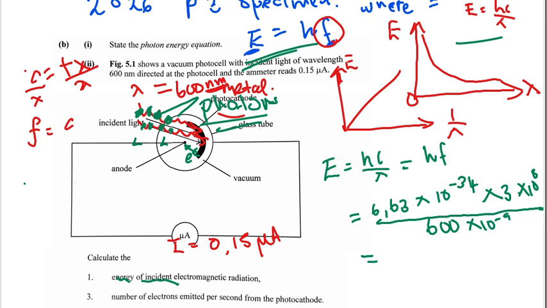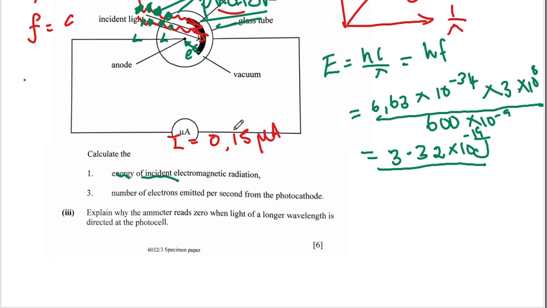Let us punch our calculator and we are going to know the energy, right? I'm getting 3.32 times 10 to the power of minus 19, the energy of one photon.